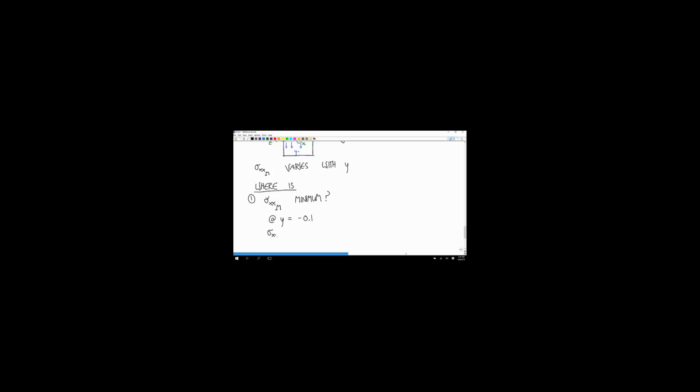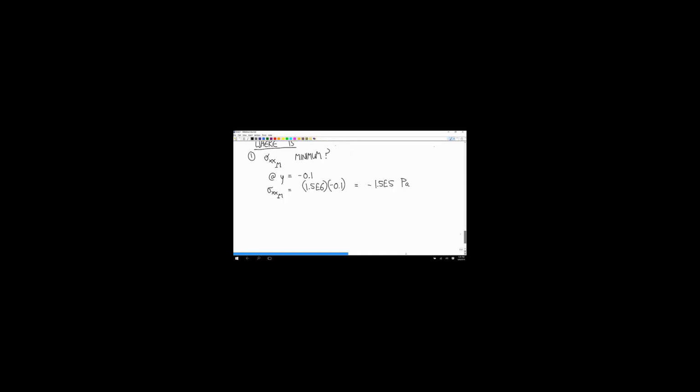So sigma xx due to the bending moment is equal to 1.5 times 10 to the 6 times negative 0.1, and so that's negative 1.5 times 10 to the 5 pascals. I think the easiest way to think about it is just where it's a minimum, where it's a maximum, where it's 0.